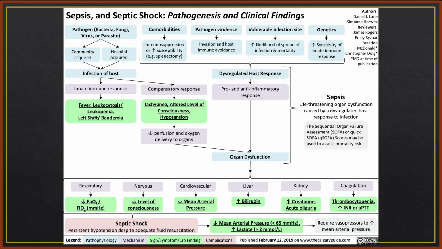The capillary leakage is from those inflammatory mediators as well, and it allows plasma to leak out into the interstitial space. And so that overall is what's causing that drop in blood pressure and a lower perfusion state.